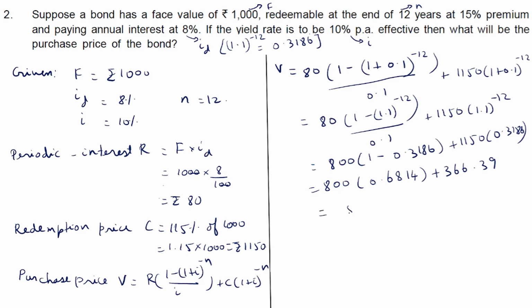Now this, when we simplify, we get it as 545.12 plus 366.39. This is equal to 911.51. Therefore, V is equal to rupees 911.51.